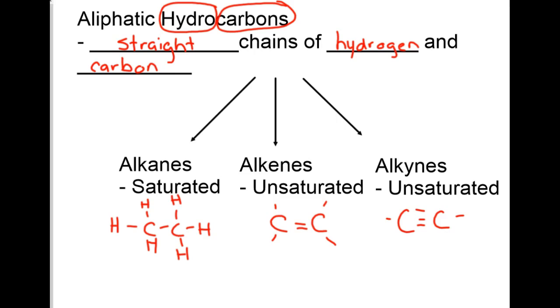So if you're ever told by the doctor that you have to reduce your triglyceride levels in your blood, you need to swap out the butter for margarine because margarine is made up of oils. Have you ever noticed on a margarine container, it says it's partially hydrogenated? Hydrogenation is when you add hydrogen.